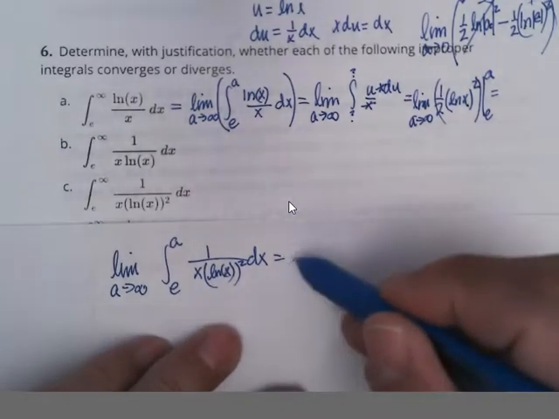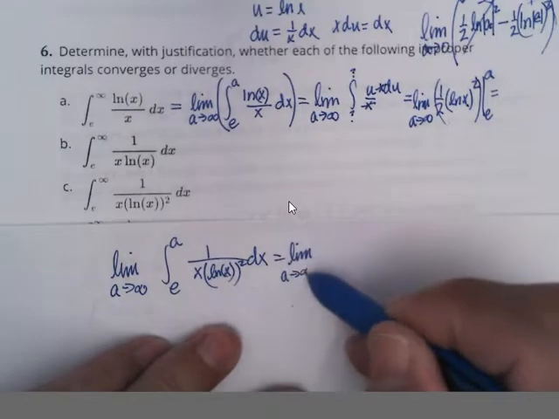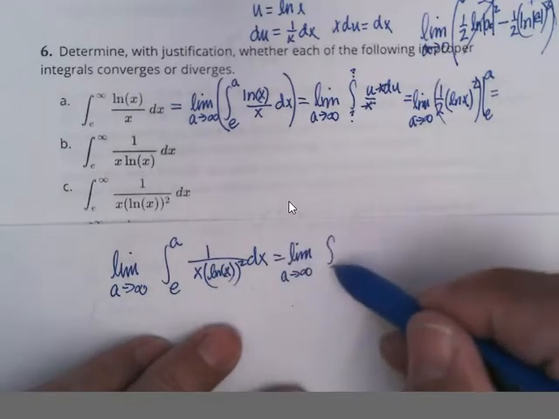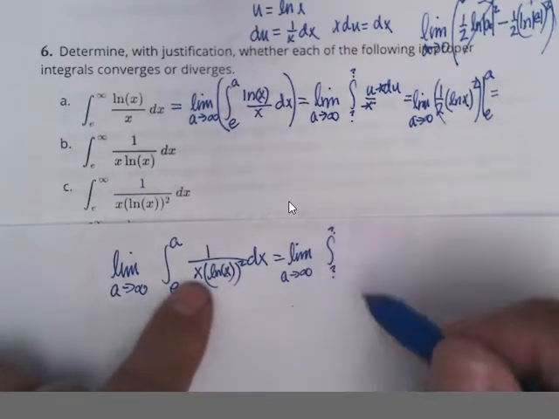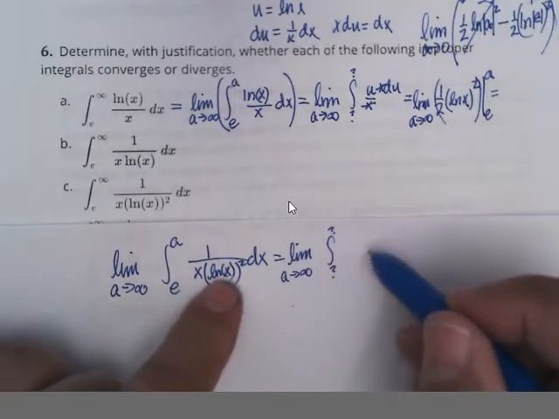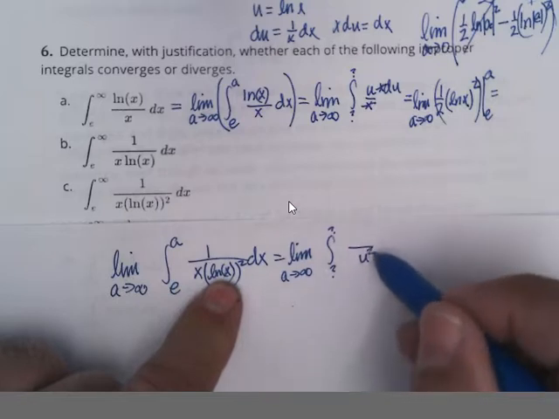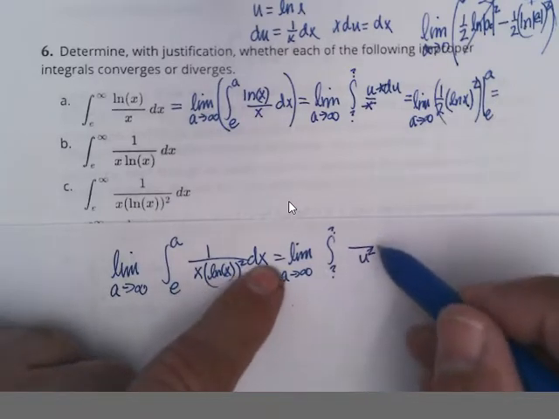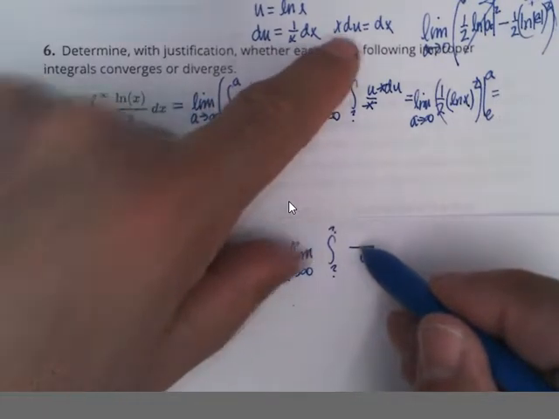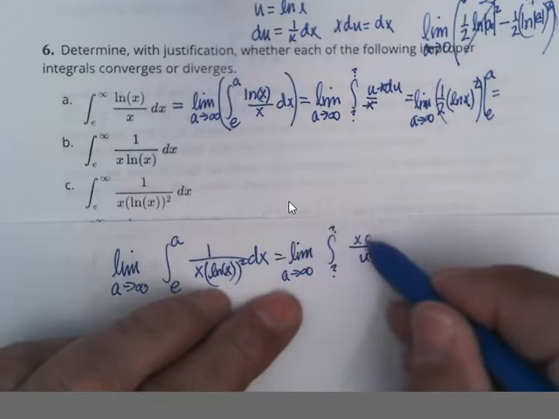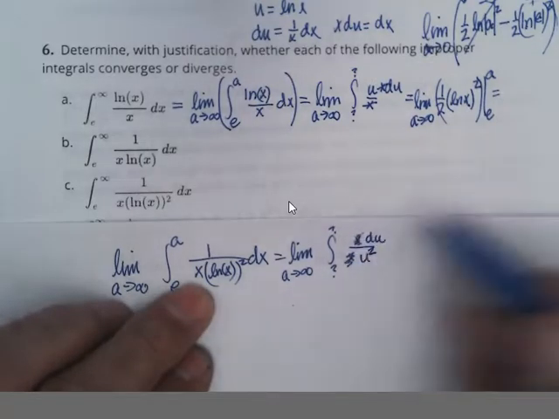So it's going to be the limit as a approaches infinity of, when I do the u substitution for ln x, we're going to have a u, and we're going to have that squared, and the dx is going to be x du, and I have an x down there that's going to cancel that x.